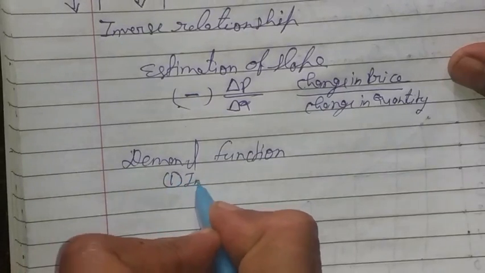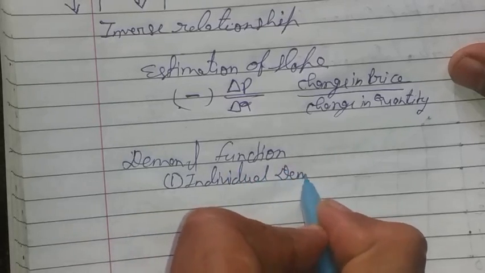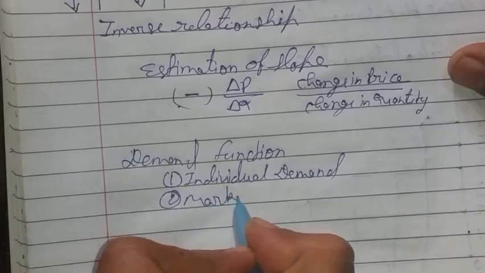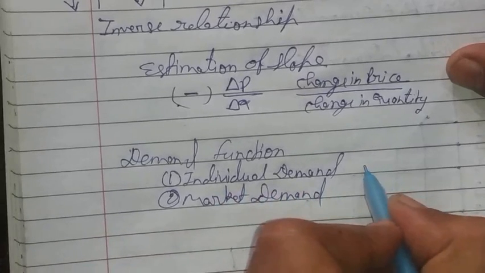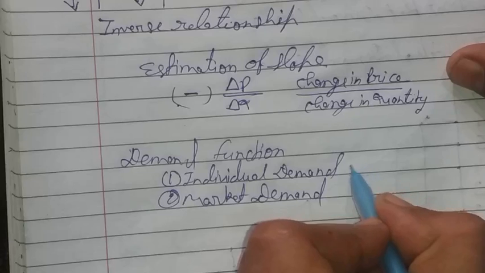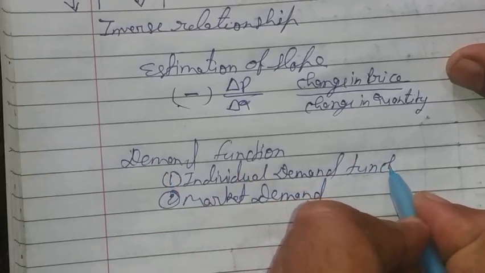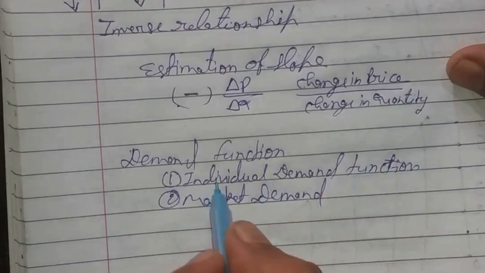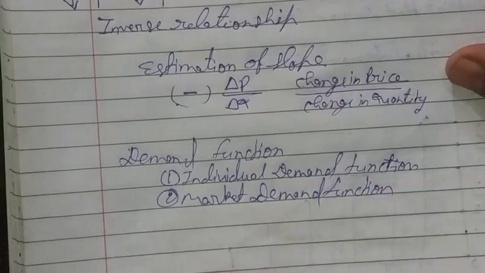First, individual demand, and second, market demand. The determinants of individual demand are called the individual demand function, and the determinants of market demand are called the market demand function.